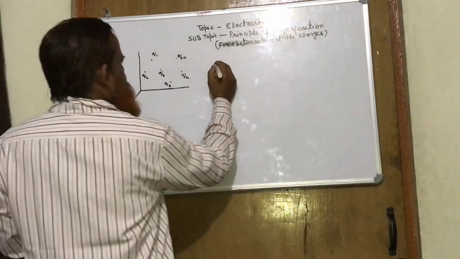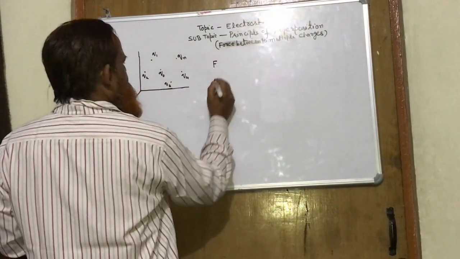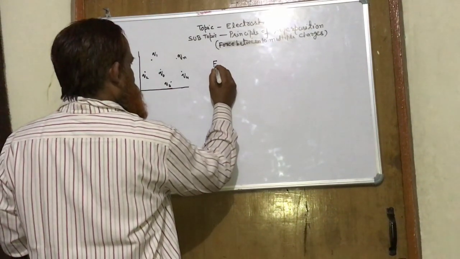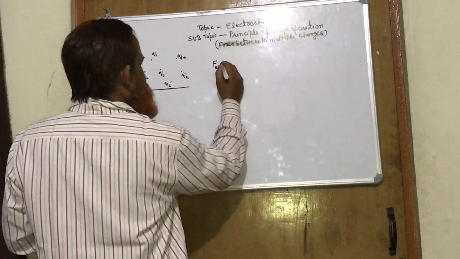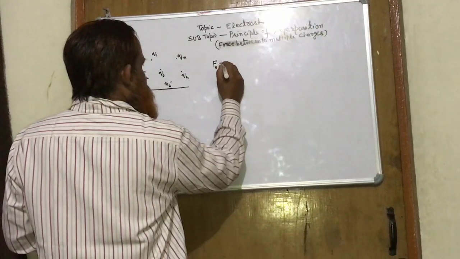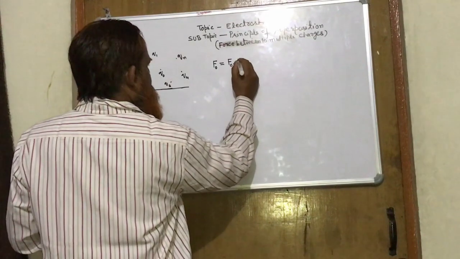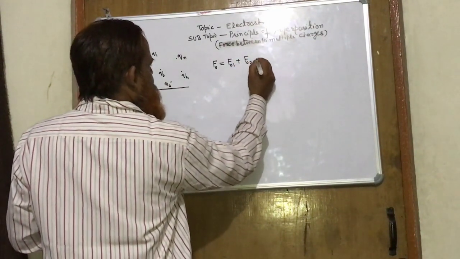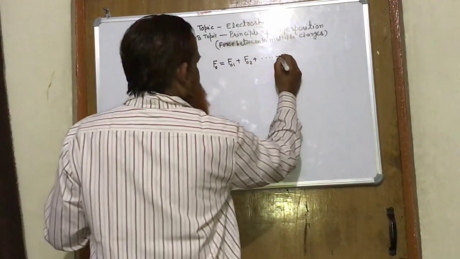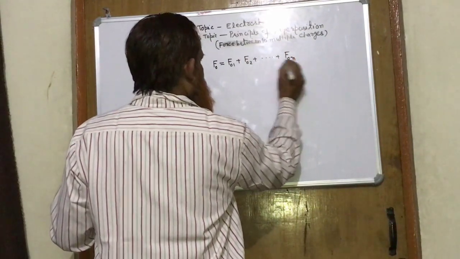So the force on charge Q naught due to the other charges is equal to F01 plus F02 plus up to F0n.